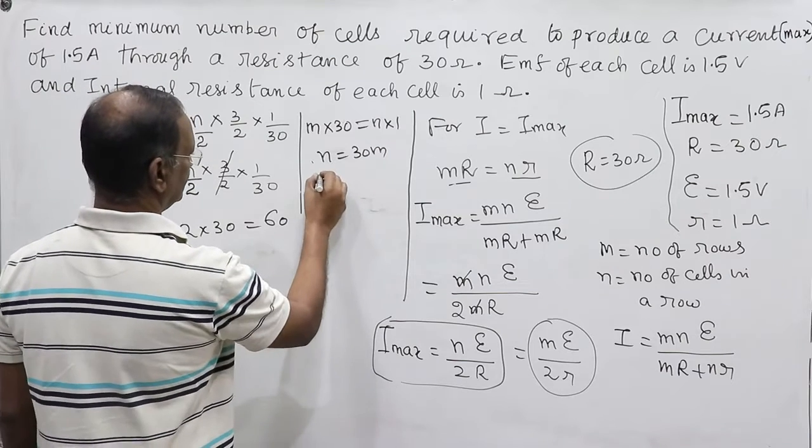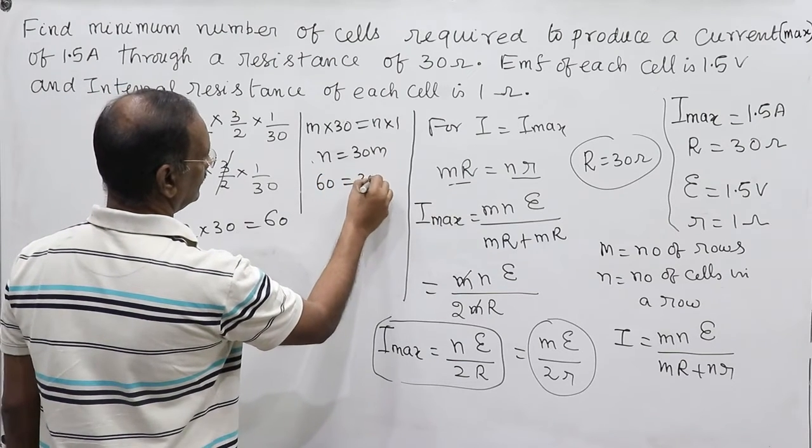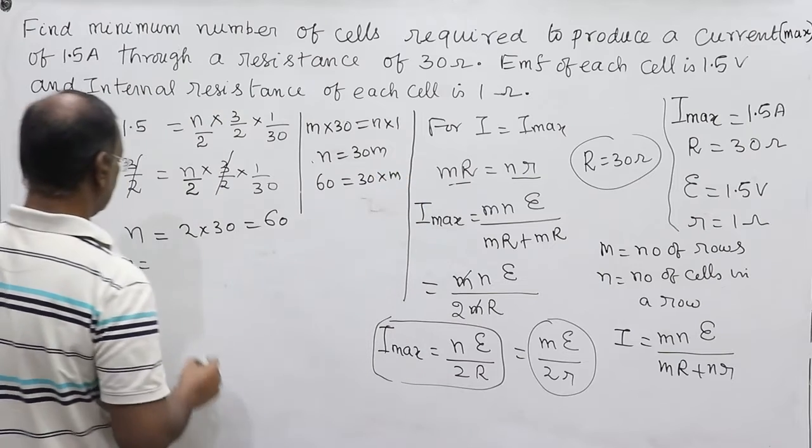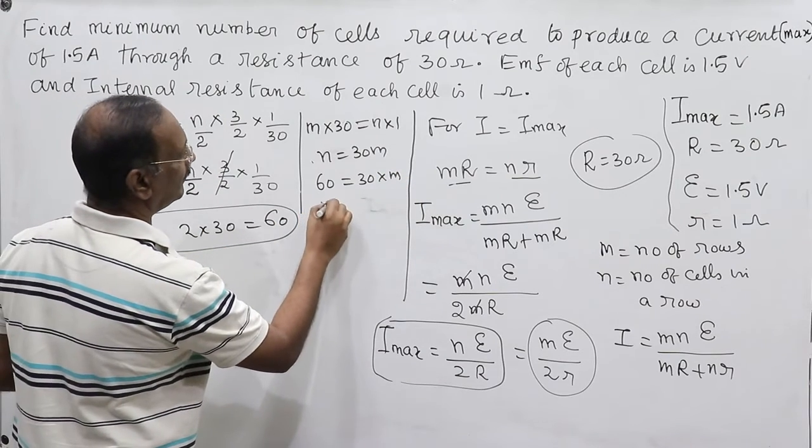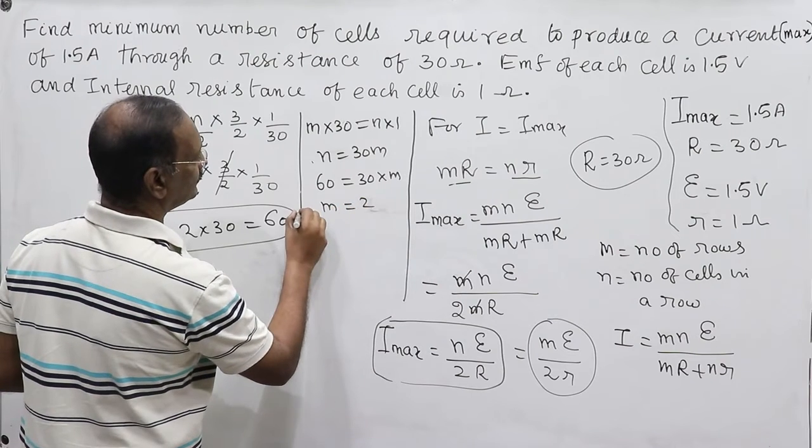And we got n equal to 60, so 60 is equal to 30 times m, or m is equal to 2.